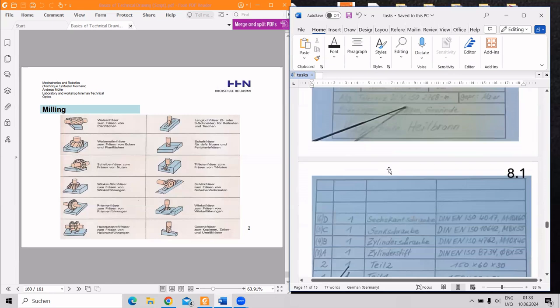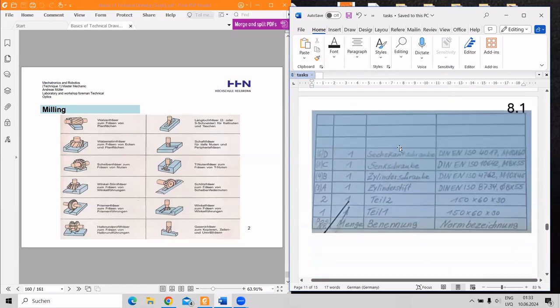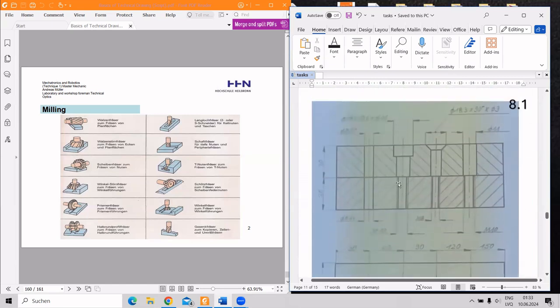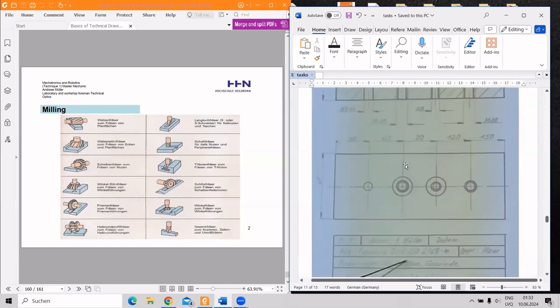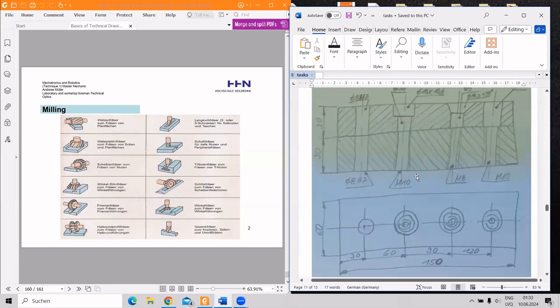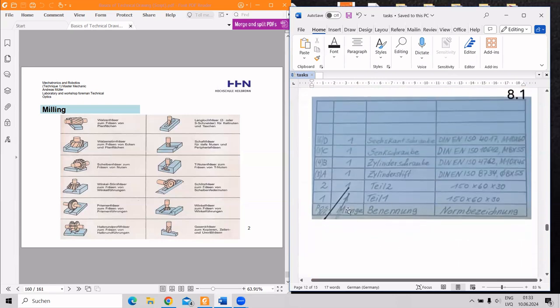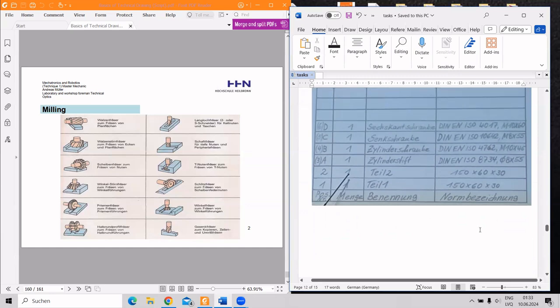Here's a clear sketch, lists of parts which are designated here with letters. Here's the position number, count, the name of it, and normal designation. So again, this is provided mainly in the task's text.